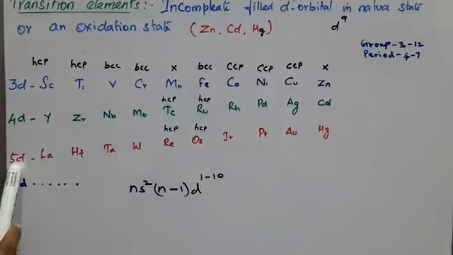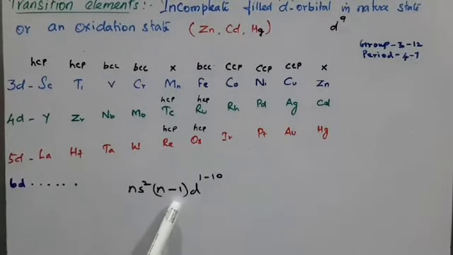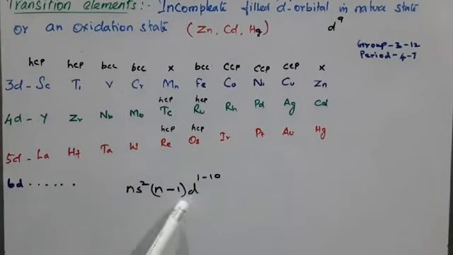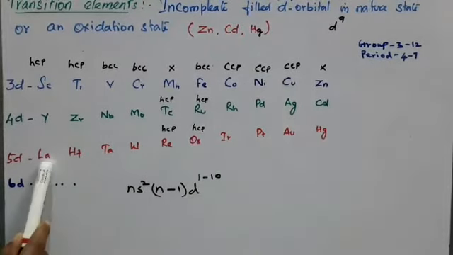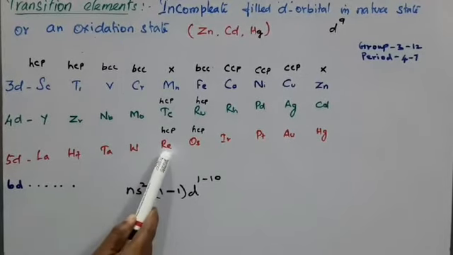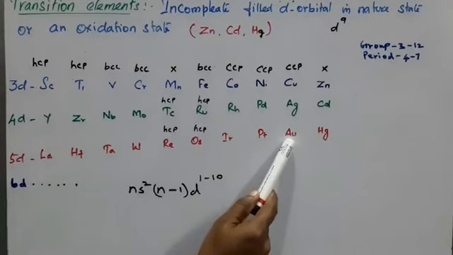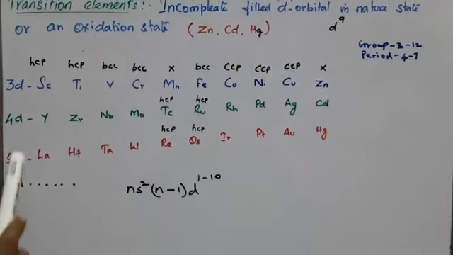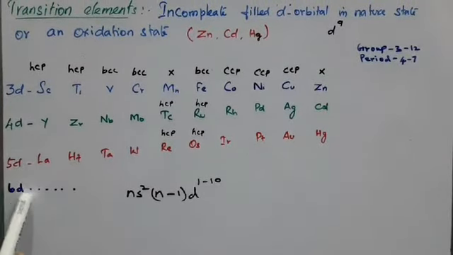And 5d means 6 minus 1, that is the 5d series: lanthanum to mercury. Lanthanum, hafnium, tantalum, tungsten, rhenium, osmium, iridium, platinum, gold, and mercury. So there are 4 major series: the 3d series, 4d series, 5d series, and 6d series.